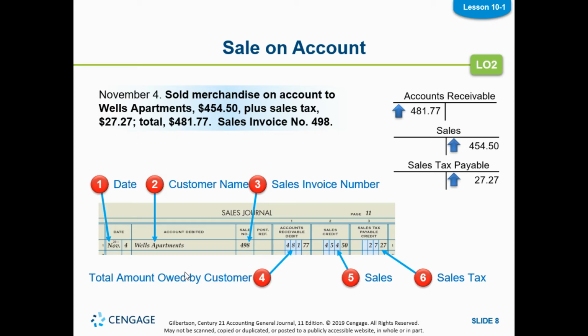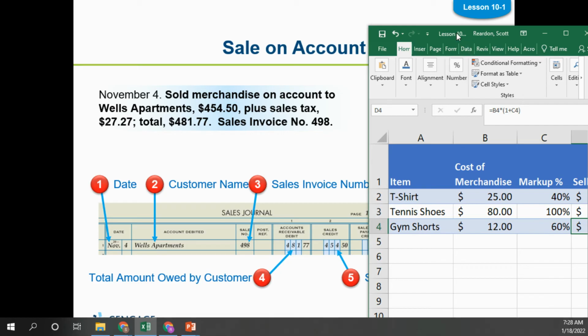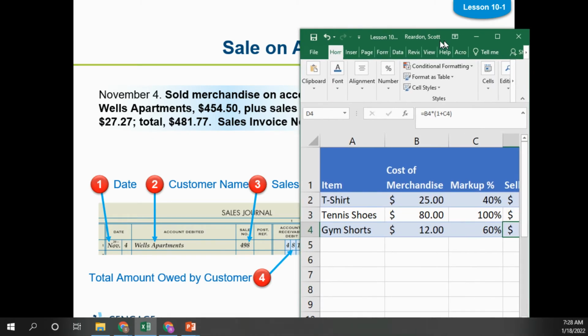So let's just check really quick here. Check out this sales tax here for a moment. So we had sales tax. This thing isn't playing nice in the sandbox. There we go.